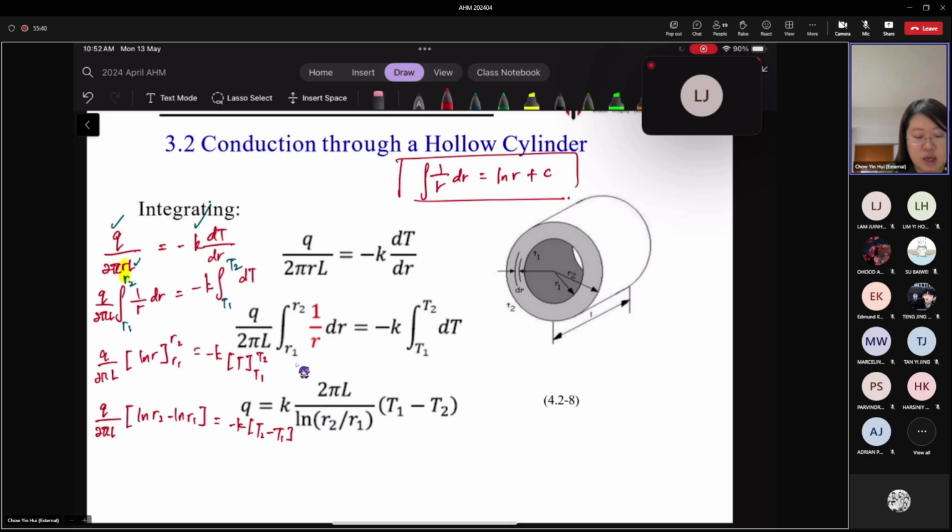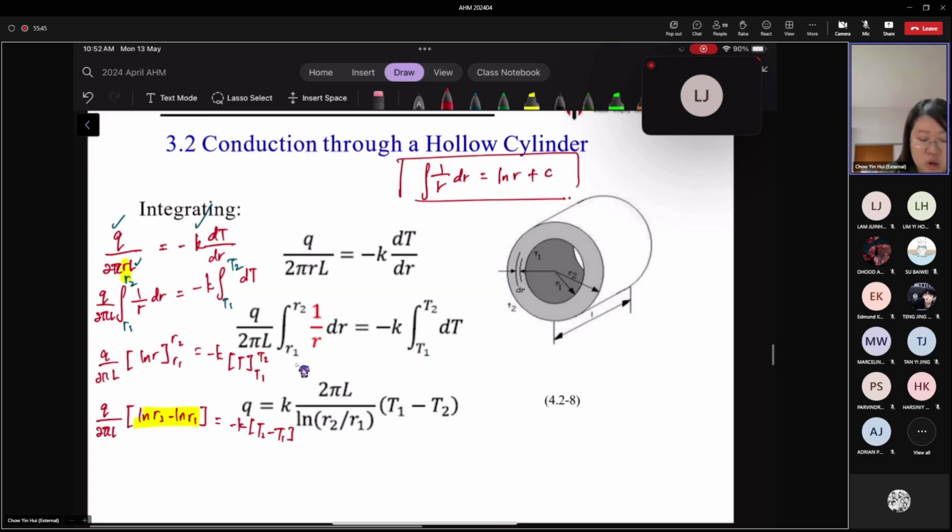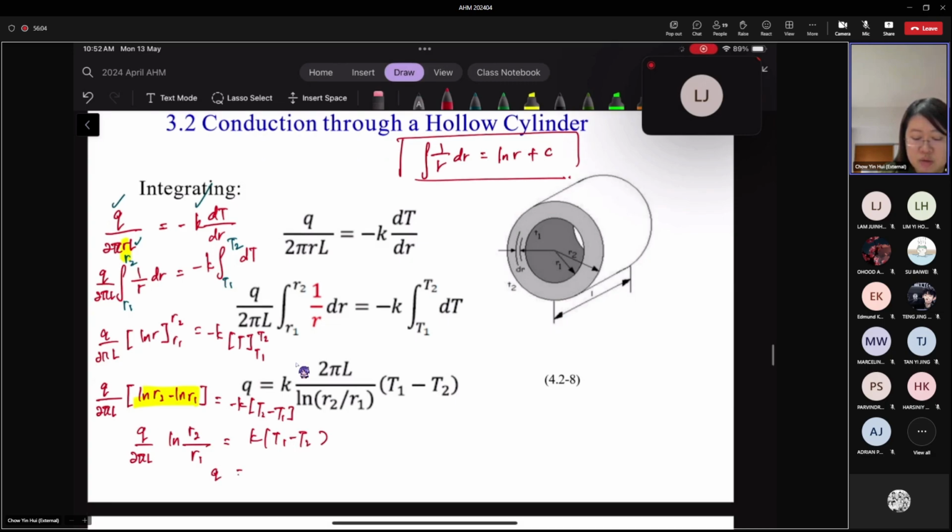According to the maths rule, ln R2 minus ln R1 can be expressed as ln of R2 over R1. Rearranging it, we can express it as K multiplied by T1 minus T2, and then rearranging further, you have Q equals 2 pi LK multiplied by T1 minus T2 divided by ln R2 over R1.